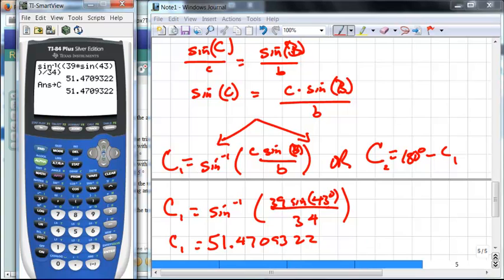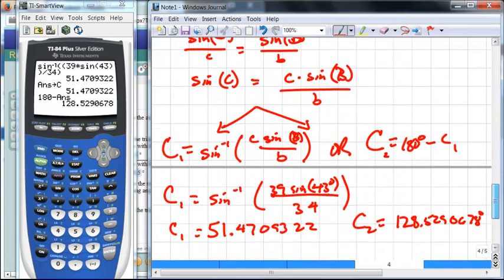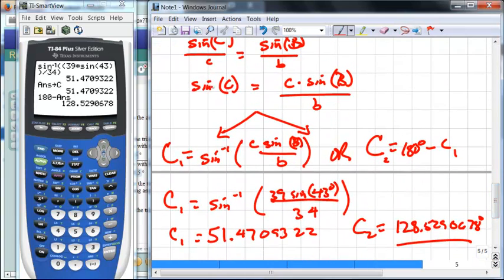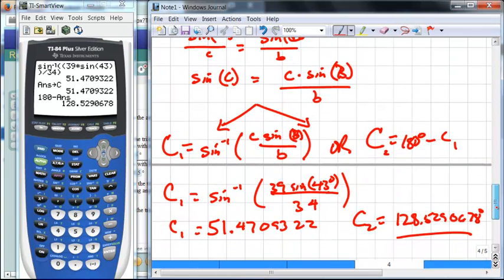The other one is 180 degrees minus that previous answer. So the other possibility, C2, is 128.5290678 degrees. Now, the thing you have to check at this point is if this one and angle B already add up to more than 180 degrees, you can throw this one out.